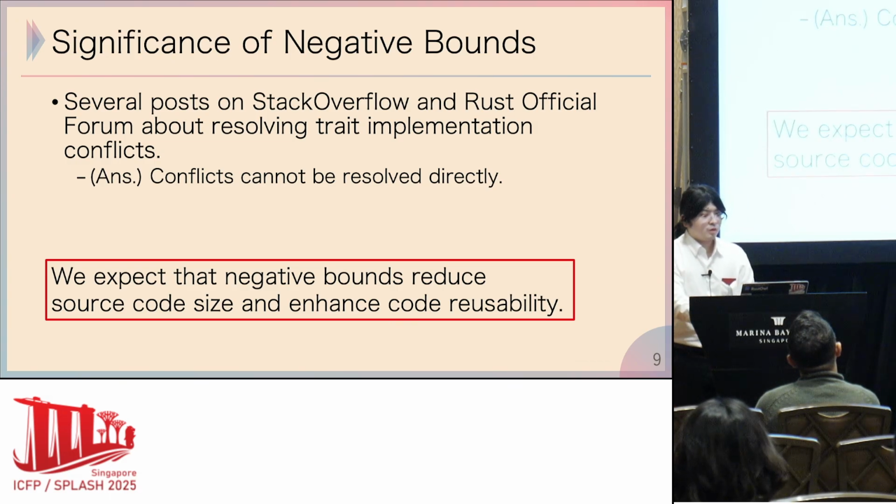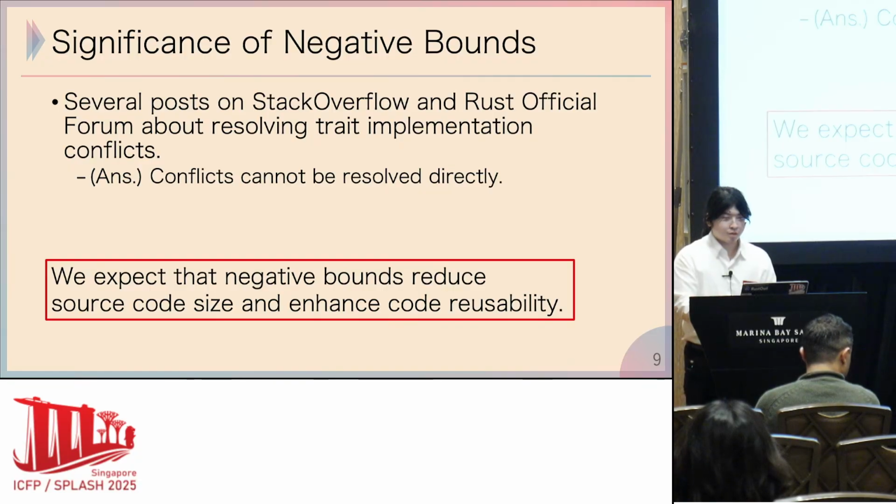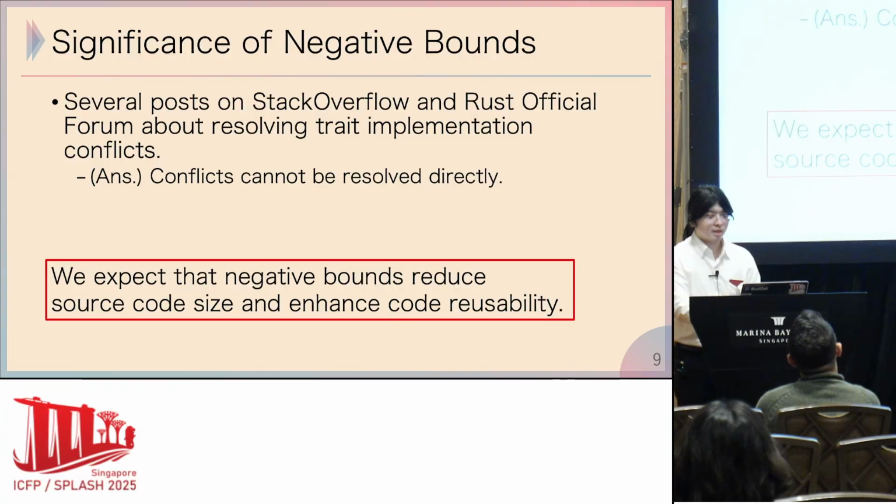There are several posts on web forums, such as Stack Overflow, asking how to resolve trait implementation conflicts. And most of the answers state that these conflicts cannot be resolved directly. Such conflicts typically arise when writing polymorphic trait implementations for related types.